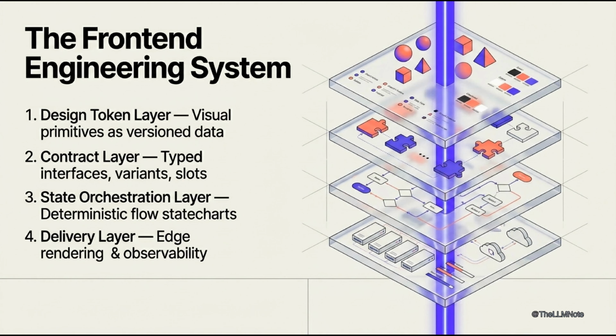Now, let's zoom in on the front-end engineering system. The layered architecture: the design token layer, with visual primitives as versioned data. The contract layer, with typed component interfaces, variants, and slots. The state orchestration layer, with deterministic state charts for user flows. The delivery layer, with edge rendering, performance budgets, and observability.